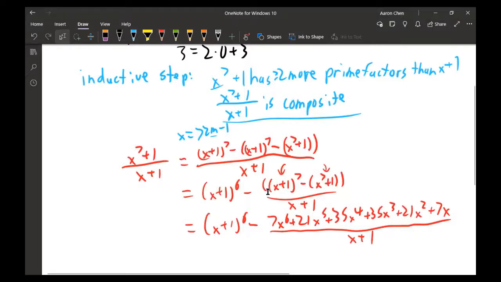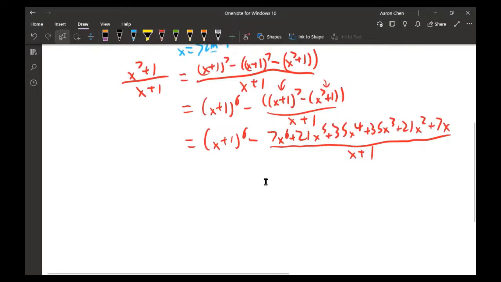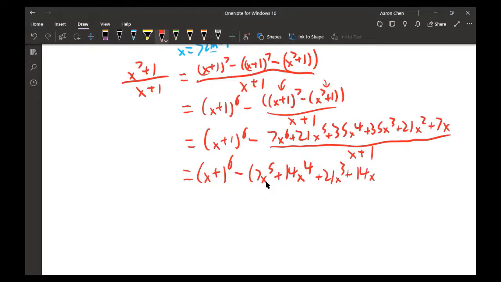And so if we do this division, we find that it works cleanly, and this is just equal to x plus 1 to the power of 6 minus 7x to the 5th plus 14x to the 4th plus 21x cubed plus 14x squared plus 7x.